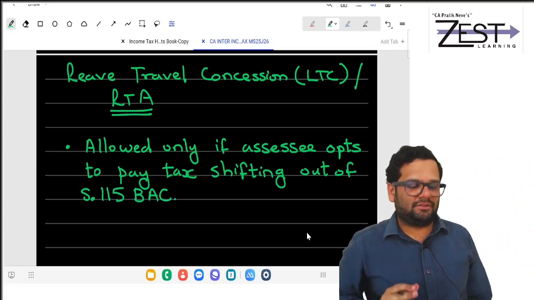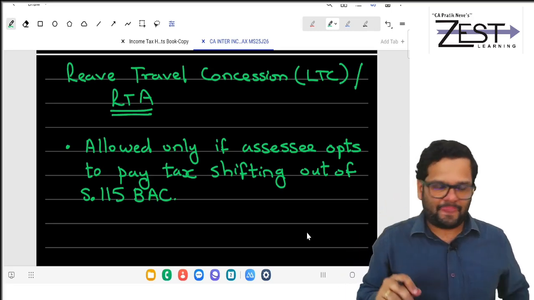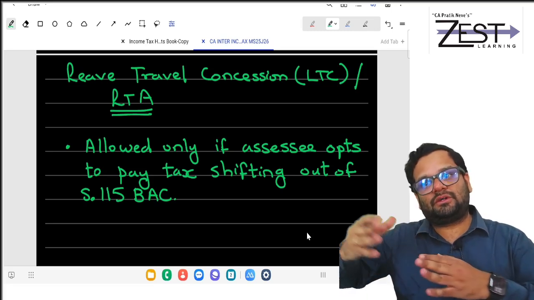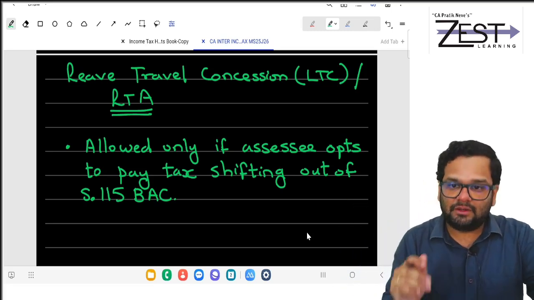Do you agree with me? This special benefit will be available only if you are opting to shift out of 115BAC.